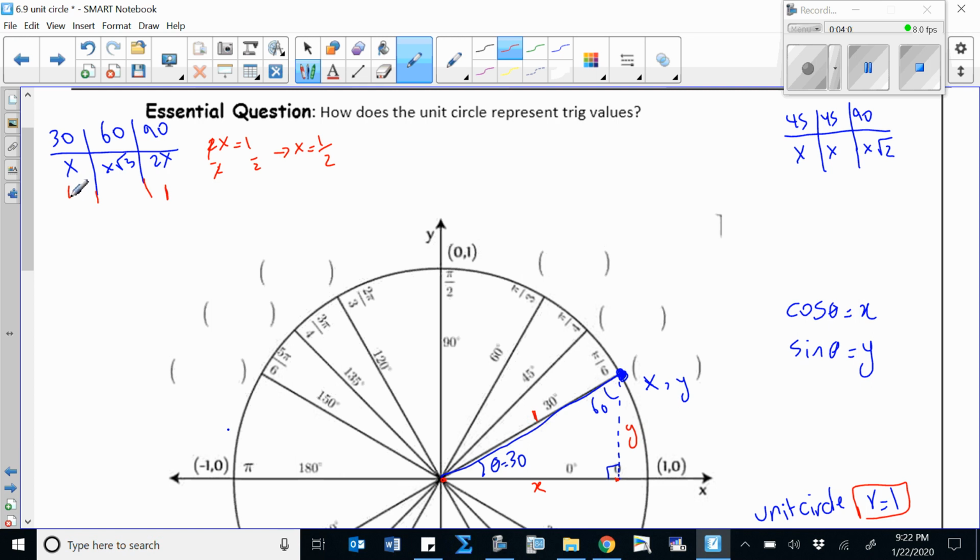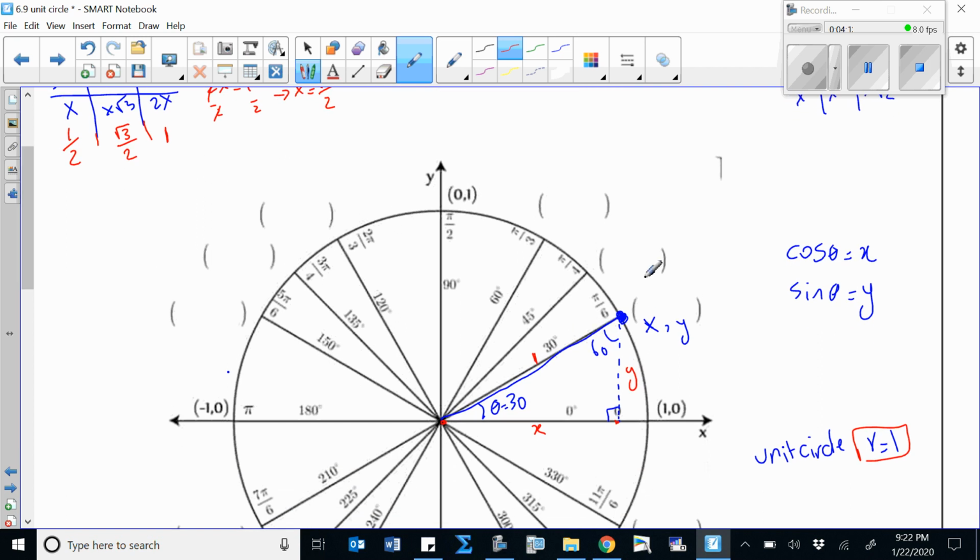So this x is 1 over 2, and the other one, x radical 3, is going to be radical 3 times 1 over 2, which will be just radical 3 over 2. So we found the ratio of the sides on this triangle. Opposite 30 is 1 over 2, and opposite 60 is radical 3 over 2. And opposite 90, as we said, was 1, because that is the radius of this circle.